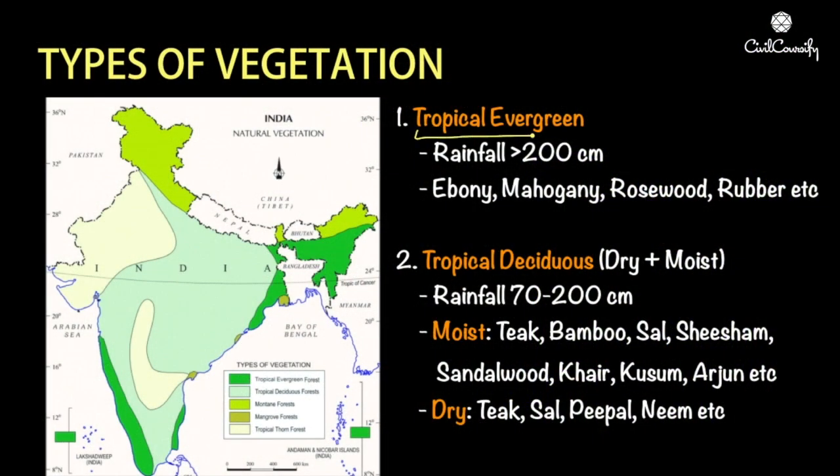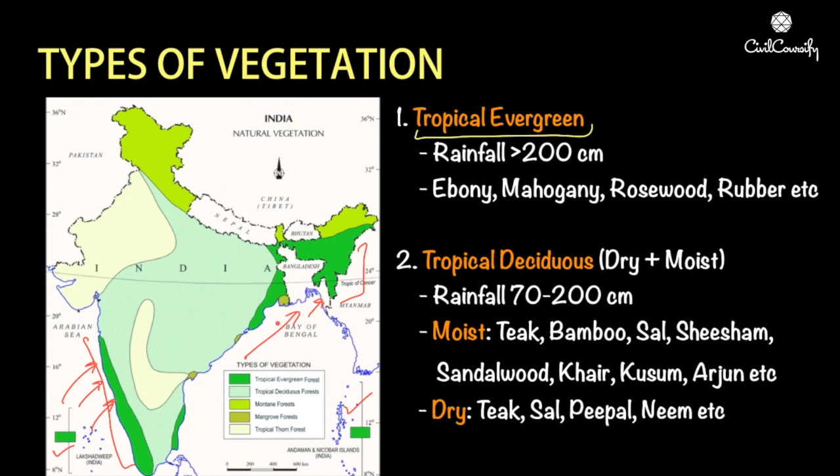The first one is tropical evergreen. Now let us look at this kind of vegetation on the map. This region, which is the westward part of the Western Ghats, falls under the impact of the southwest monsoon, whereas the Lakshadweep Islands, the Andaman and Nicobar Islands and the northeast part fall under the impact of the Bay of Bengal branch of the Indian monsoon.